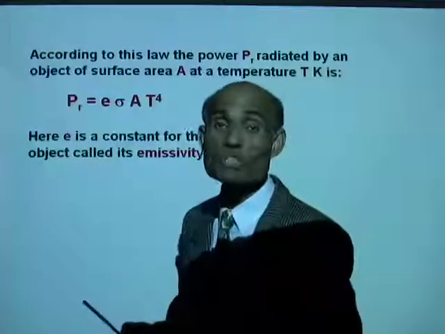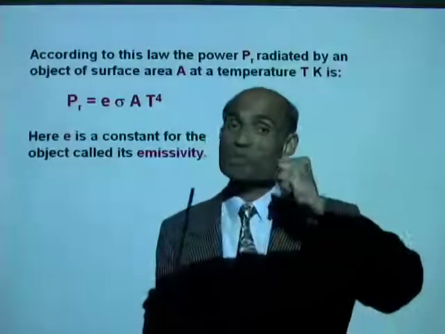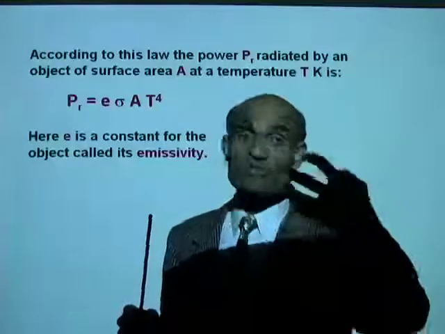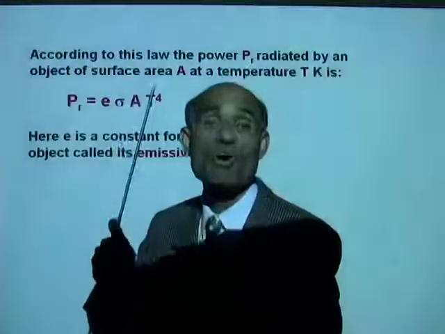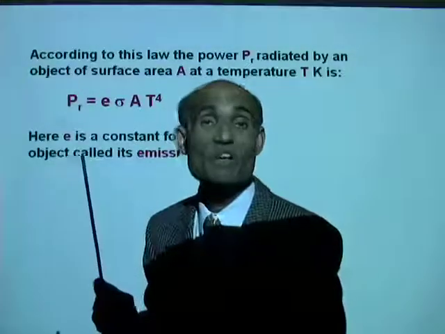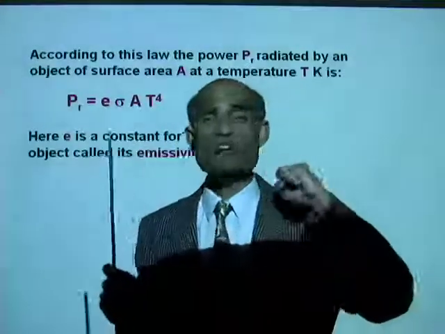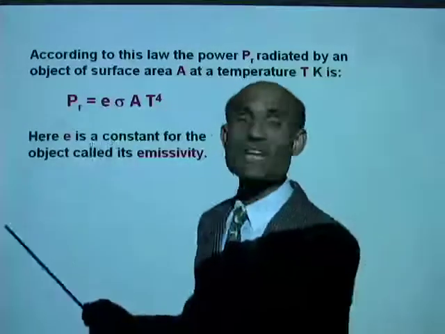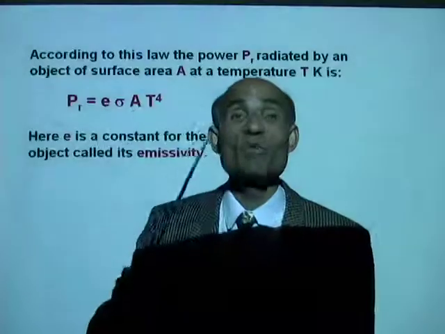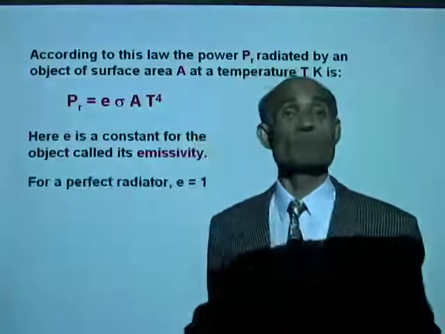If an object is a perfect absorber and a perfect radiator, that object has an emissivity of 1. If there is an object which does not absorb any energy or does not radiate any energy, its value of E is 0.